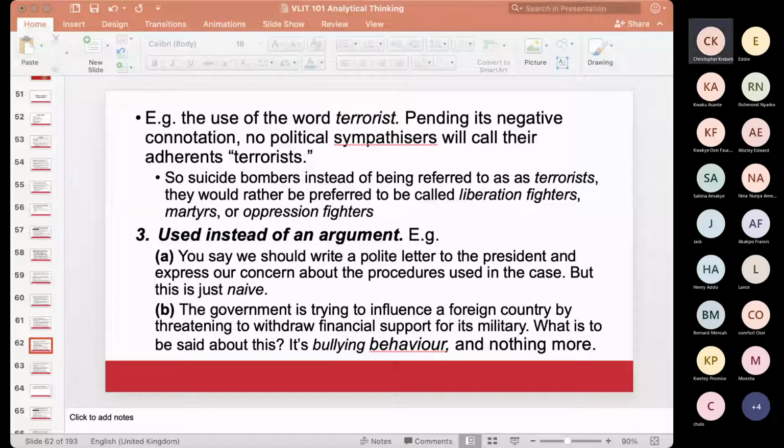Because the writer is supposed to use an argument, but the writer refuses to use an argument and decides to use an emotively charged language. So, what is he communicating?